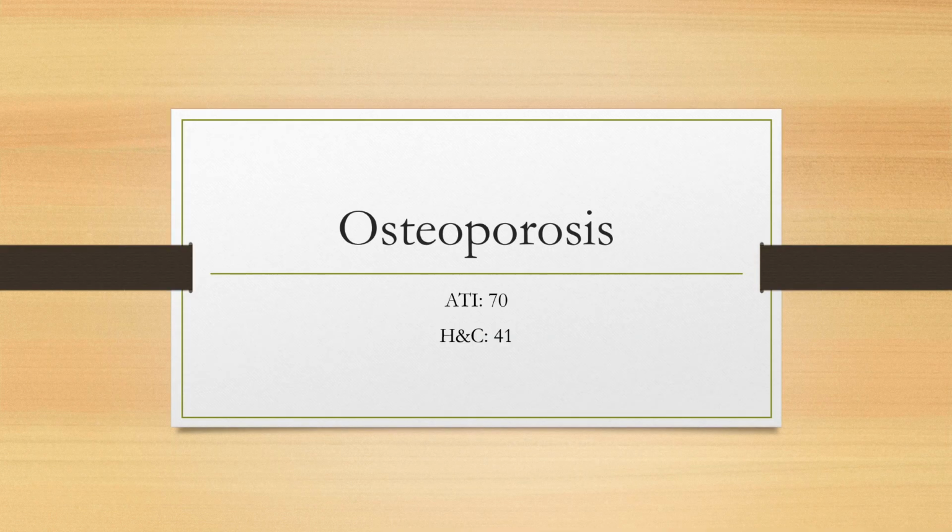Okay, so let's talk about osteoporosis, which really is thinning of bones and low density bones, right? So they just don't have as much calcium and phosphate in the bony structure anymore. Okay, and that results in a low bone density.